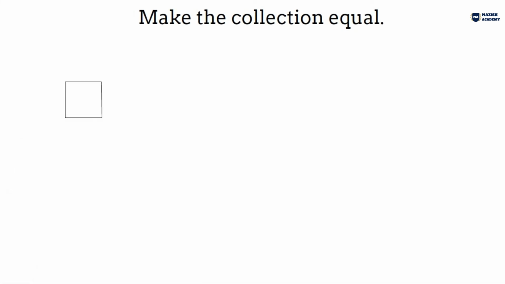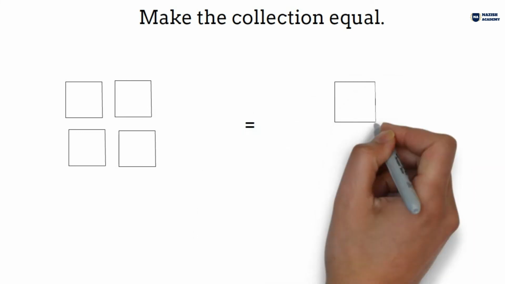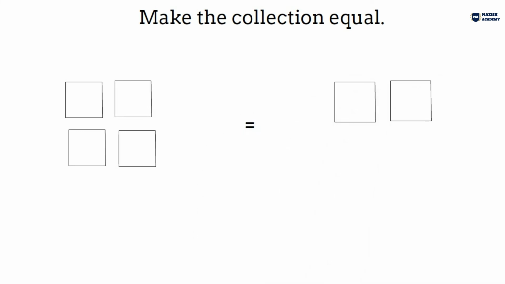Make the collection equal. 1 square, 2 squares, 3 squares, and 4 squares. On this side, 4 squares. And this side, 1 square, 2 squares, and 3 squares. Now make it equal. We need 1 square. Yes.